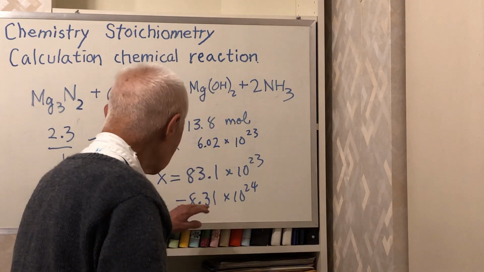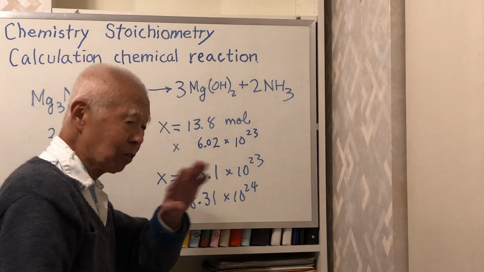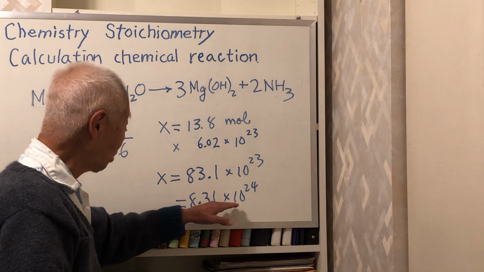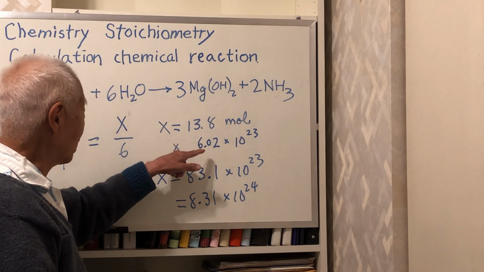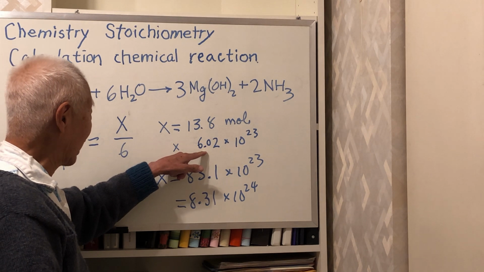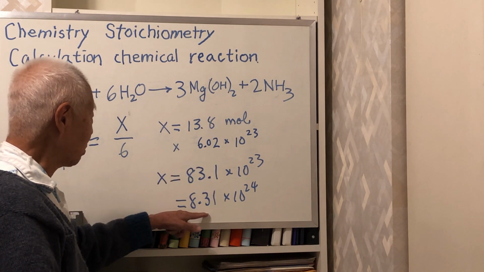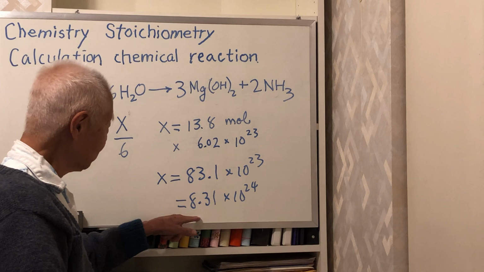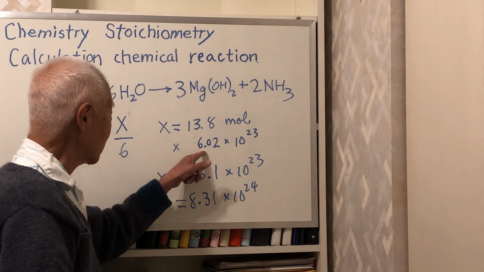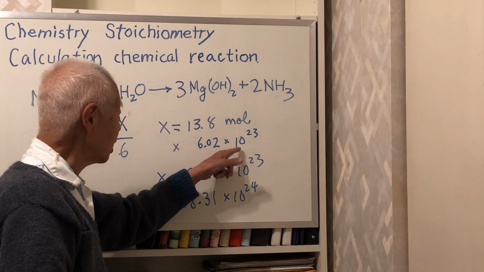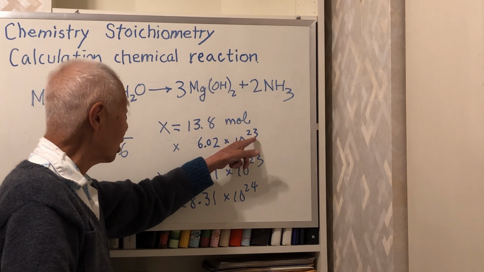This is not number of moles, sorry. This is number of molecules. This is number of mole. You multiply this factor, you get number of molecules. 1 mole contains 6.02 times 10 to the 23 power.